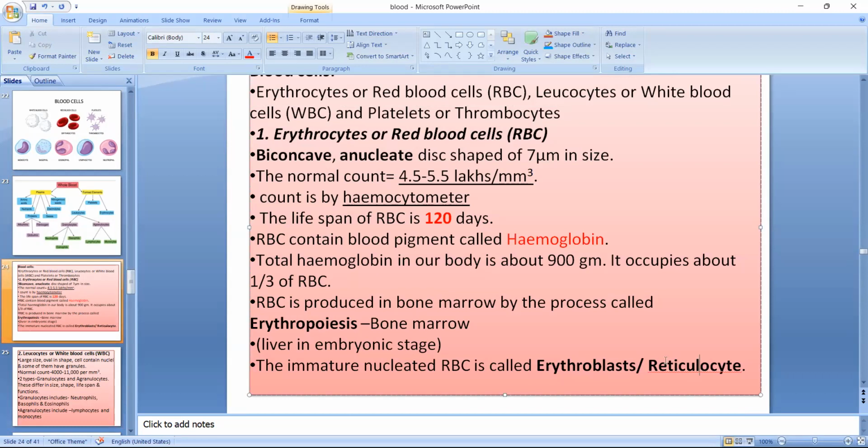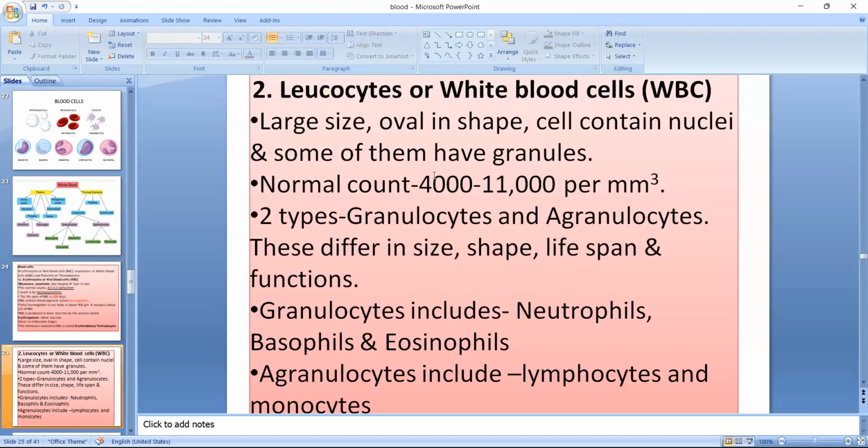Erythropoiesis and leukopoiesis come up there. Leukocytes are large in size, oval in shape, and contain nuclei, and some of them have granules. The normal count is generally said to be 4,000 to 10,000, or 4,000 to 11,000, per cubic millimeter.